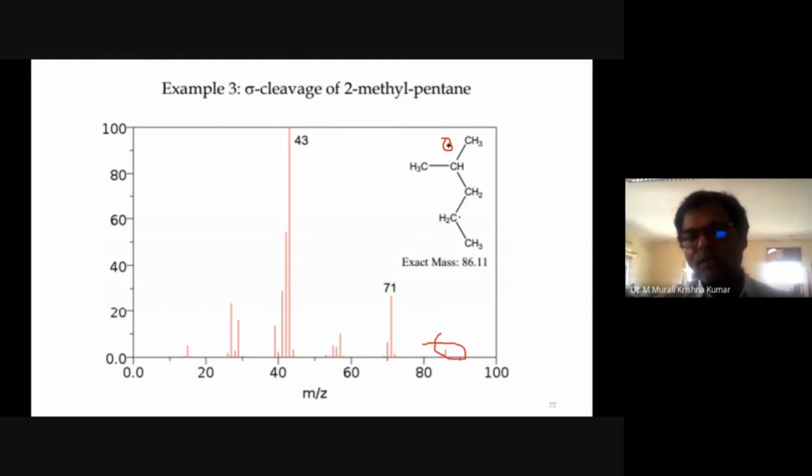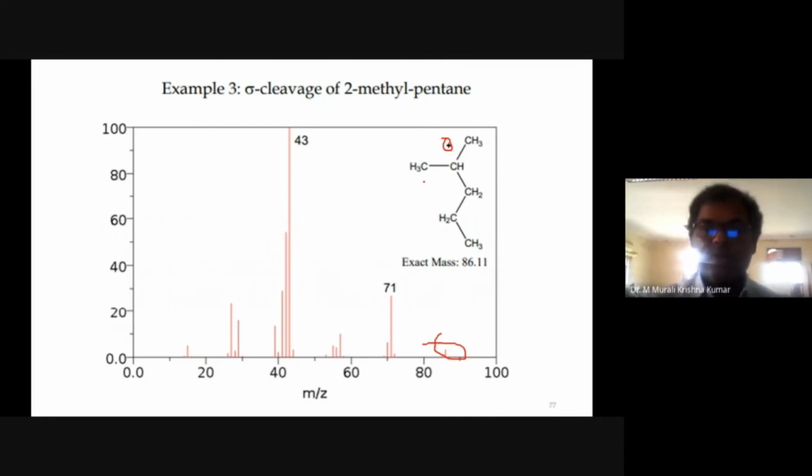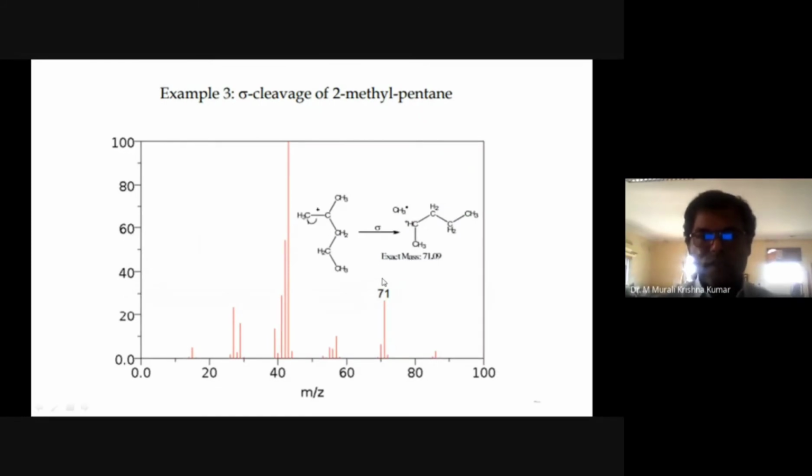So whenever we have a positively charged species, in case of straight chain alkanes or branched chain alkanes, it tends to rearrange so as to get more stable carbocations. Here it is fragmented. If you apply Stevenson's rule, upon fragmentation the bigger ion is supposed to be formed. So here a methyl free radical is removed, and we got this fragment ion via Stevenson's rule.